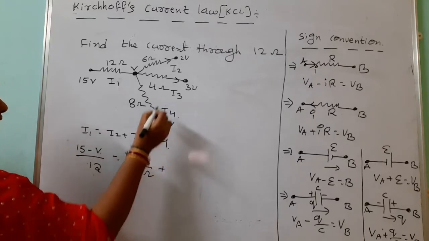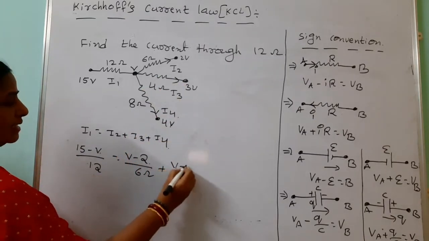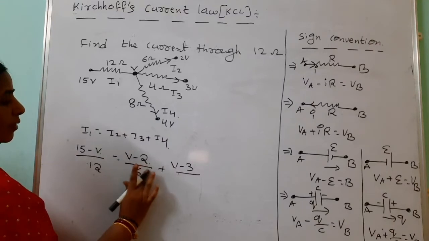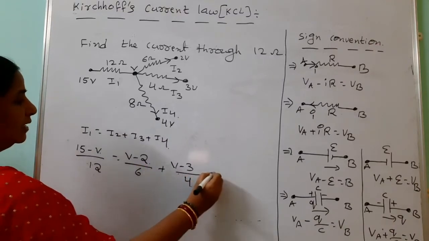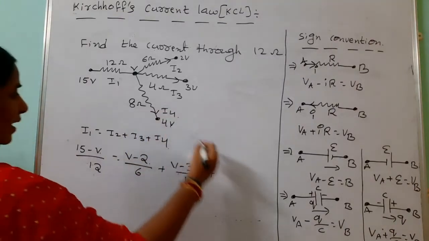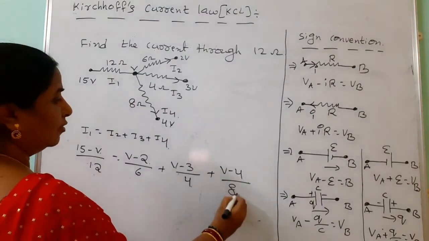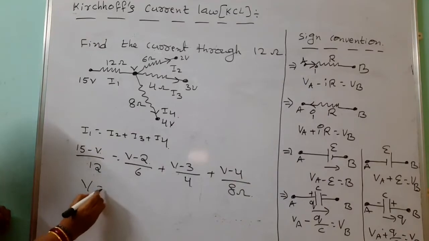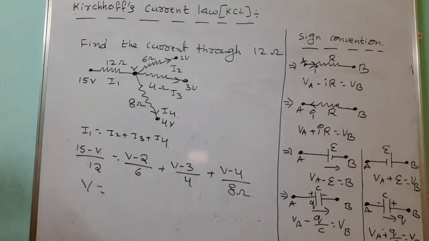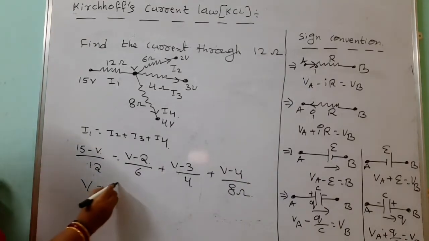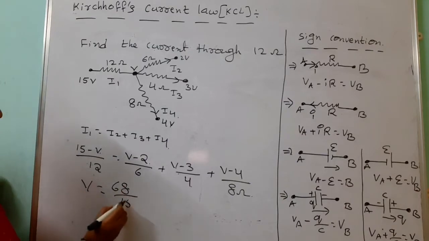Then for I3, what are we writing? V minus 3 by how many ohms? 4 ohms. Plus through this one, V minus 4 by how many ohms? 8 ohms. After simplification, we get the potential as 68 by 15 volts.